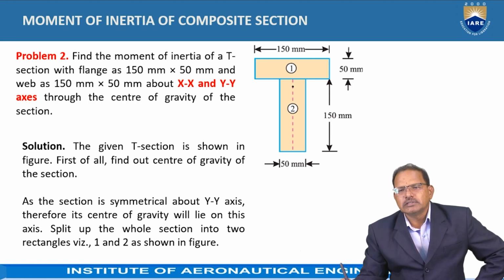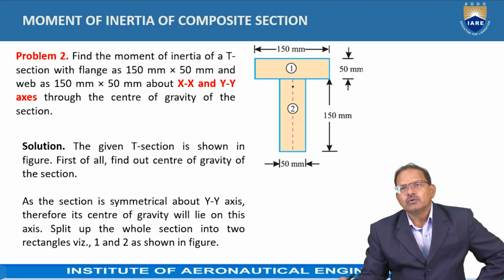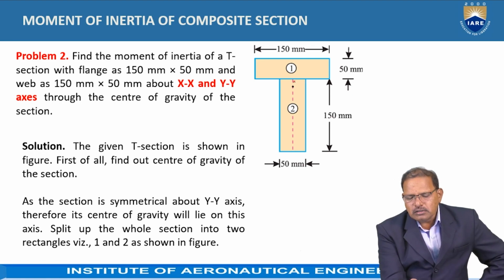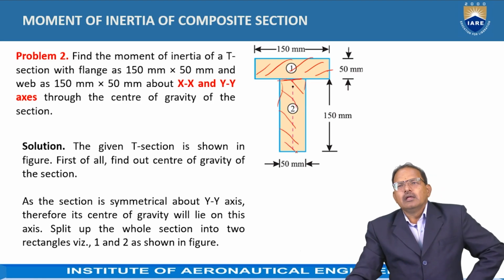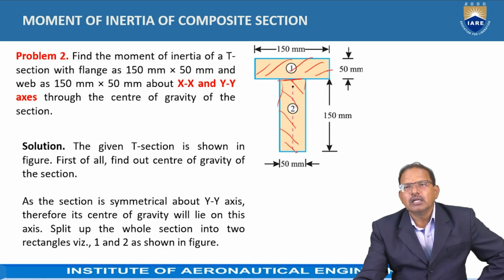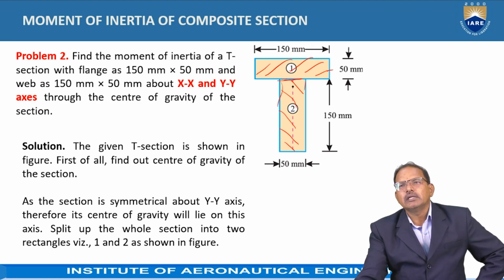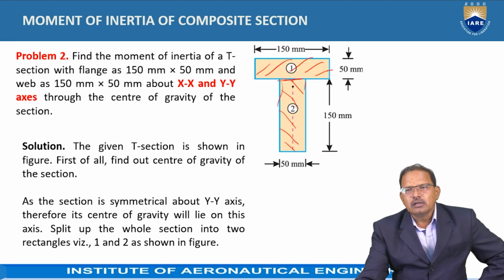Now first divide the section into two parts. One is treated as the first rectangle and the other is treated as the second rectangle. If you observe this figure clearly, it is symmetrical about the vertical axis.